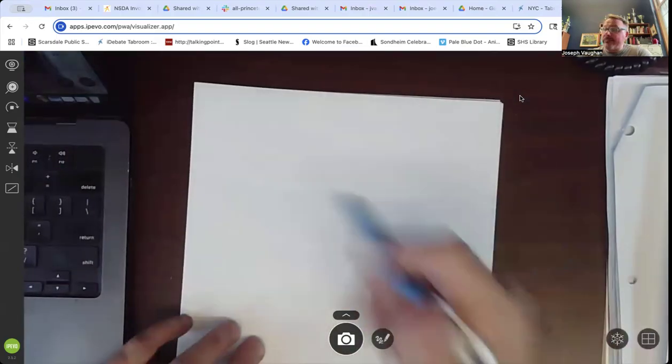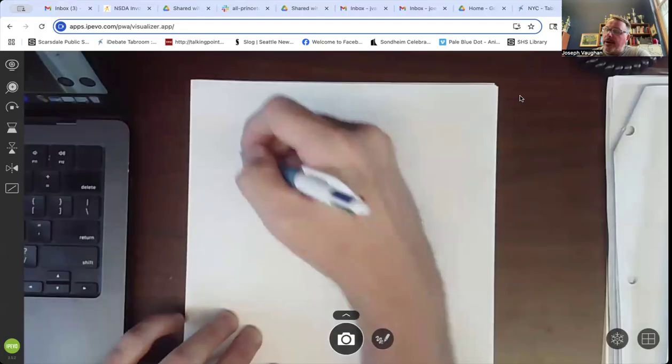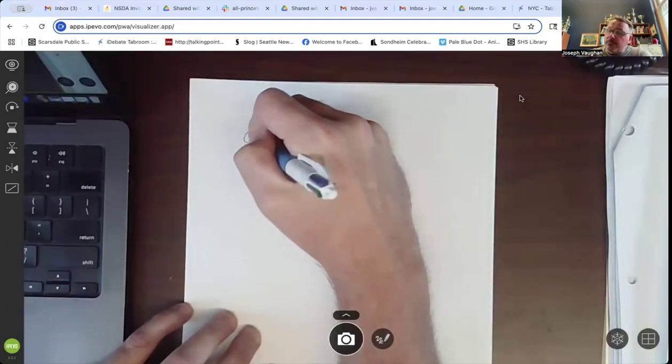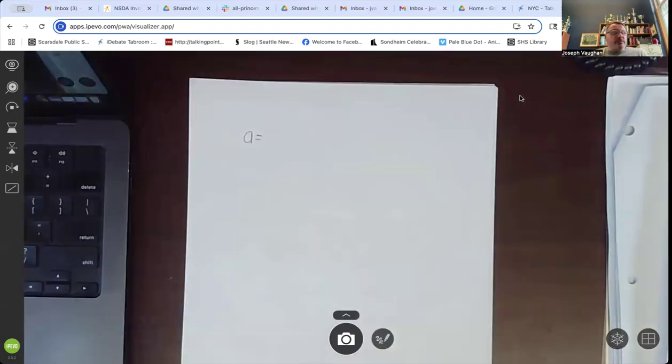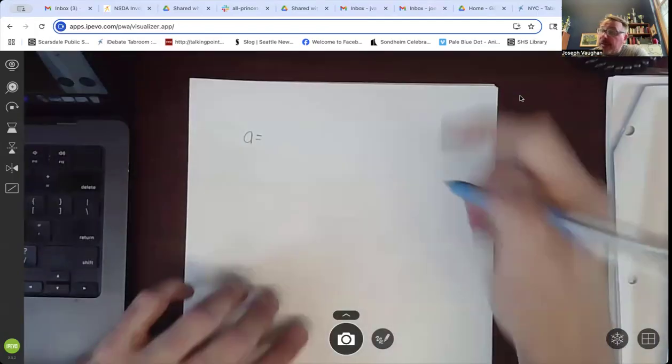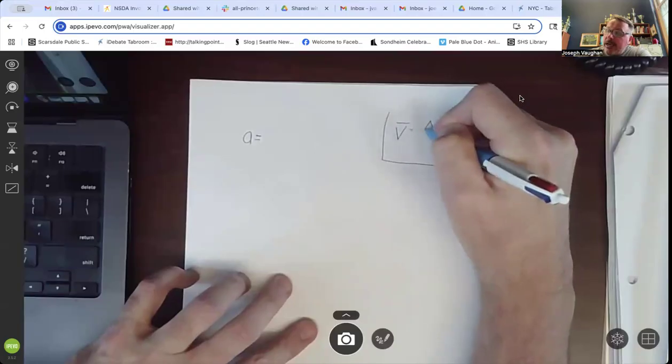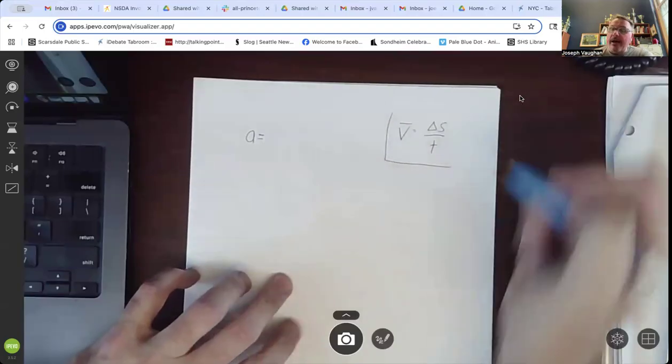So next, let's talk about quantifying this. So acceleration. If it is the rate of change of velocity, we could probably presume what the equation is. So we were looking at velocity as being the rate of change of position, and we wrote the equation for average velocity down. I'll put this off to the side. I had the change in position through time, right?